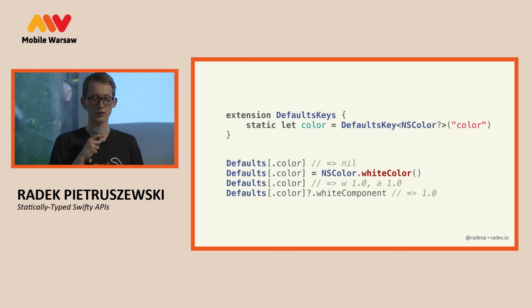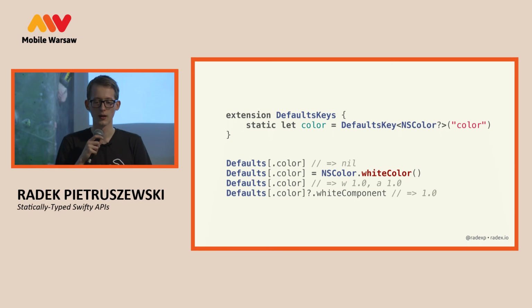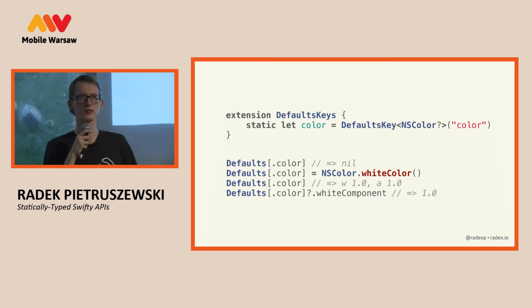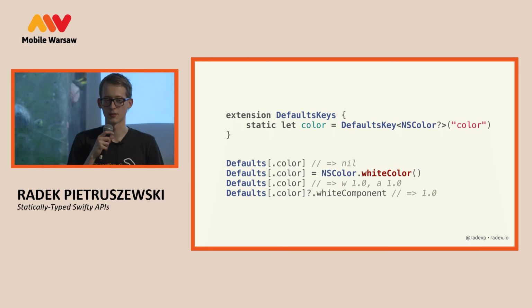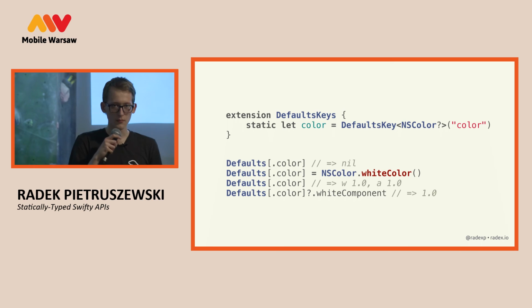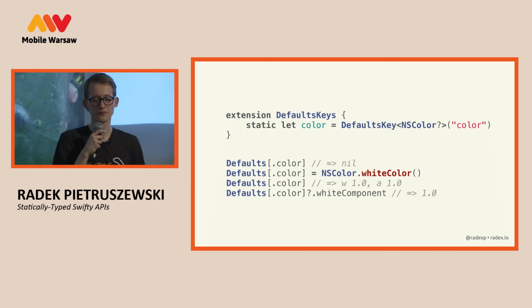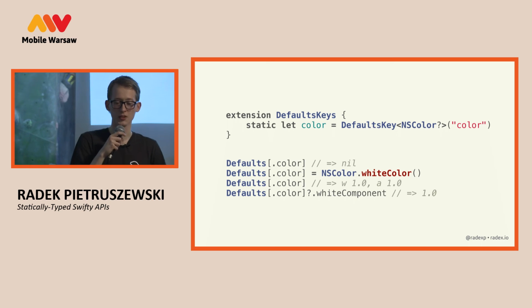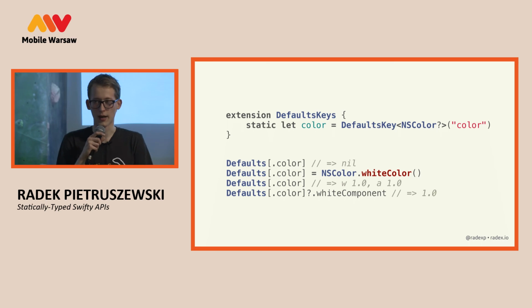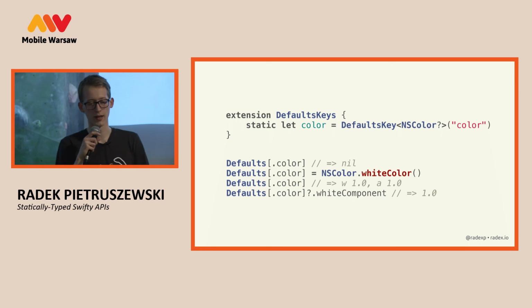Or I could add seamless support for custom types. So for example, user defaults only supports a handful of standard types like strings, numbers, arrays, that sort of thing. But if you want something custom like NSColor, you have to serialize it, right? You have to turn it to NSData and then from data back to NSColor. But because we have this standard serialization protocol, NSCoding, I can just take advantage of it so that I don't have to do almost anything to get this.